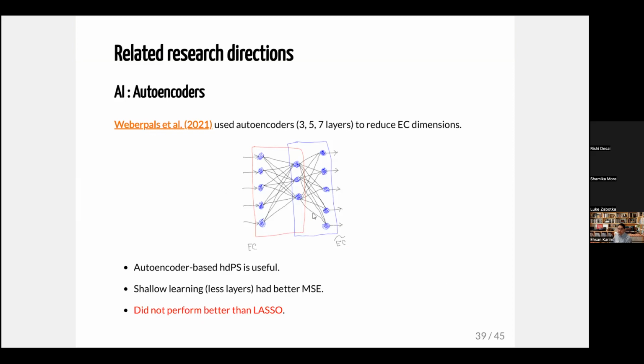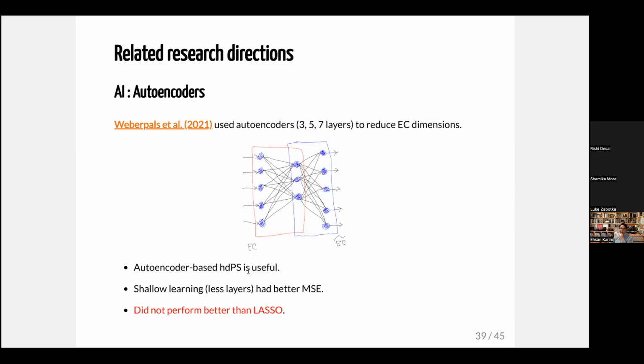Last year there was a very interesting paper that used the autoencoder to reduce the dimensions of the empirical covariates, and you can see in this article, they suggested that autoencoders are very useful in the high dimensional propensity score algorithm, and autoencoders are basically an artificial intelligence version of the principal component analysis, right?